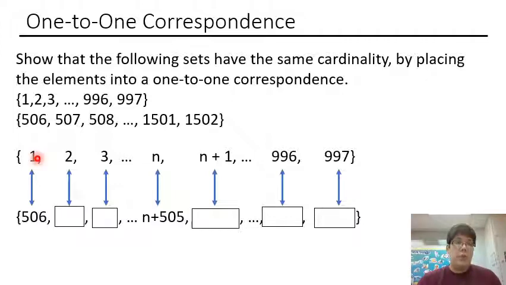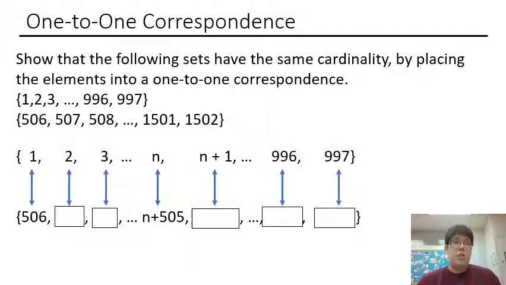In other words, I can match 1 with 506, and those two are going to be buddies. They're going to be matched up all the time. I can match 2 with whatever this number is going to be, and I can match 3 with whatever number this is going to be, and so on. I want to find these missing numbers, and I'm going to talk about these n's in a second, but let's get the easier ones out of the way.